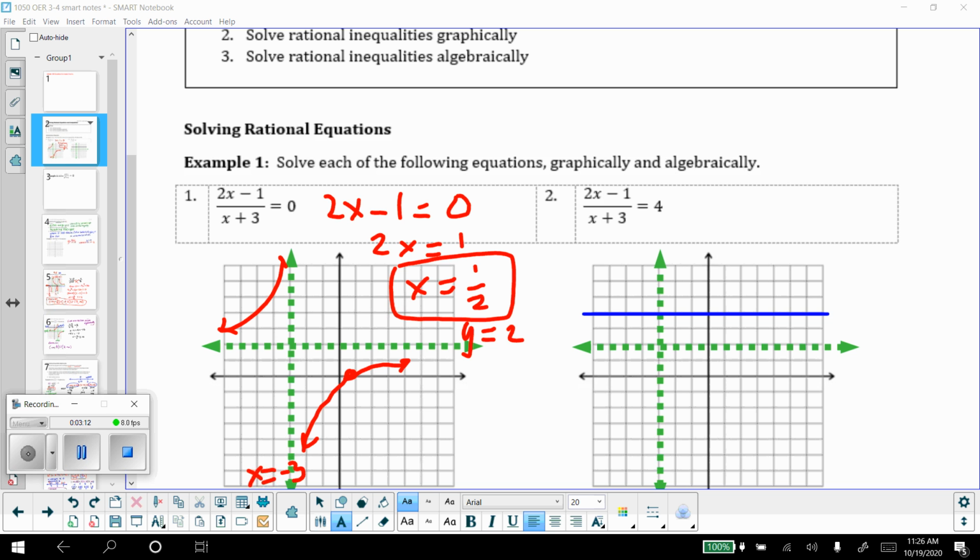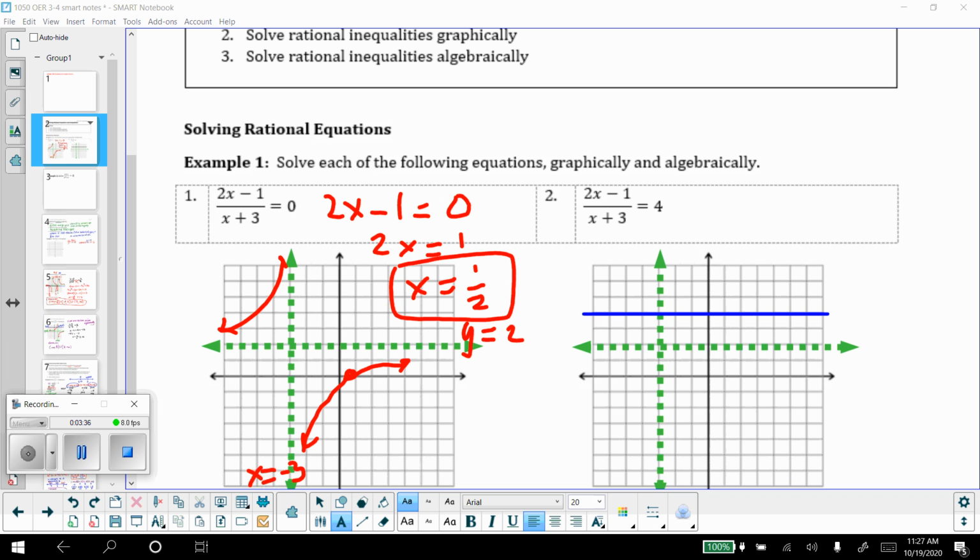Now this one, instead of being equal to 0, is equal to 4. Notice we've got the same exact graph, so I can just throw that in there more or less. But instead of figuring out what point goes through y = 0, we're going to figure out where the graph goes through y = 4.